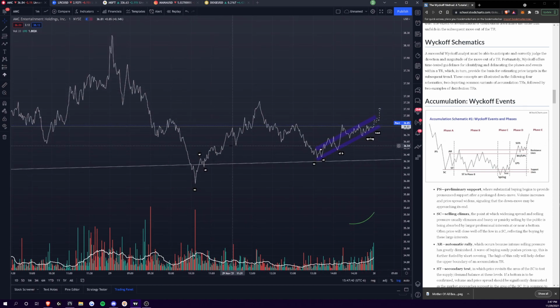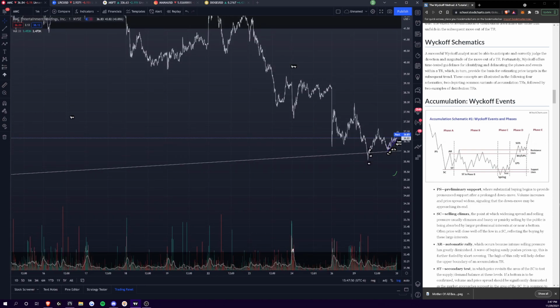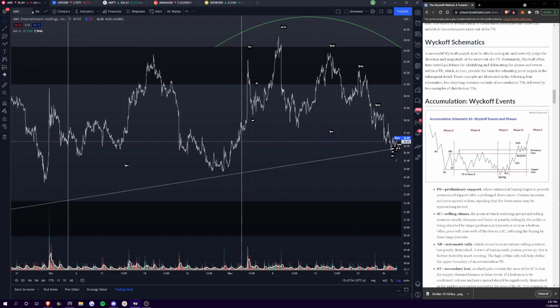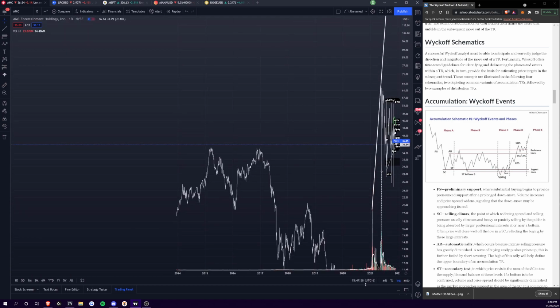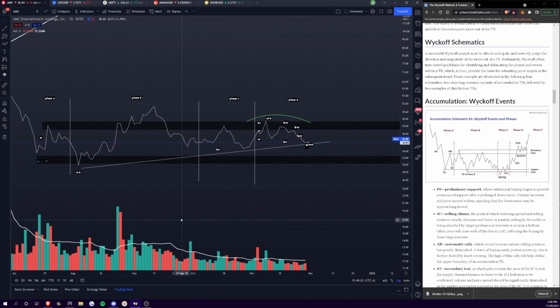This is an accumulation too, though. So crazy, because that looks just like this. Doesn't it look the same?